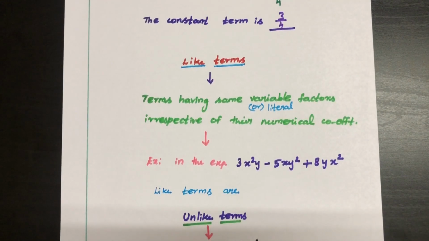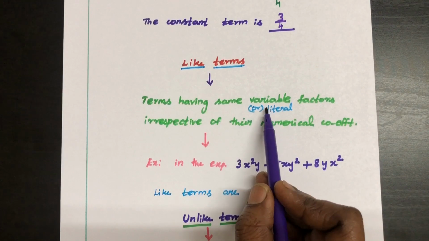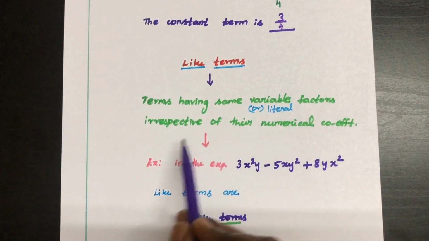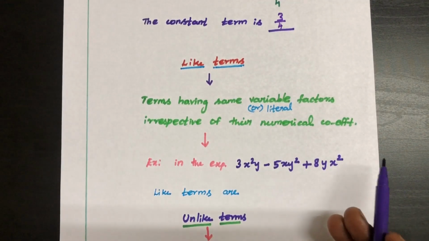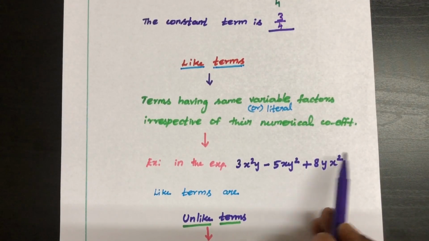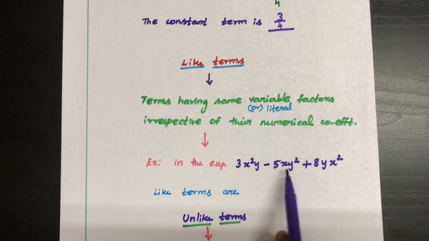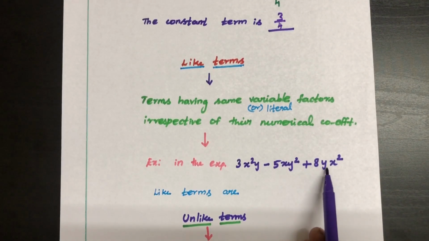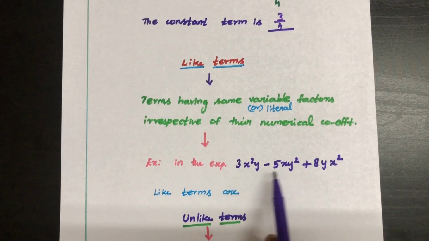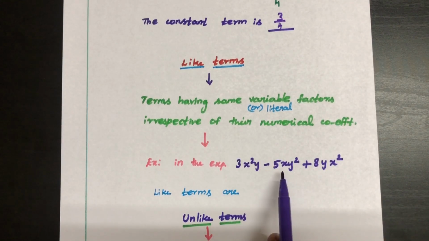Next, like terms. What are like terms? Terms having the same variable or literal factors irrespective of their numerical coefficient. So, no need to see the numerical things. Numerical means numbers. Example, in the expression 3x square y minus 5xy square plus 8yx square. So, no need to see the numbers. Just concentrate on the variables and the powers.